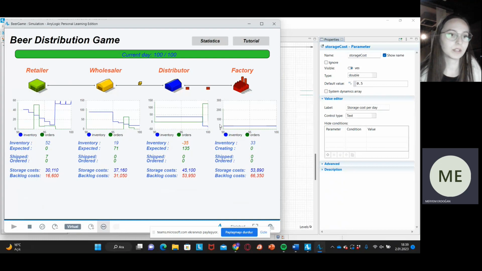As you can see in the model, for example, after the model, the storage costs when I change it are 553,8900, and backlog cost is 66,350.